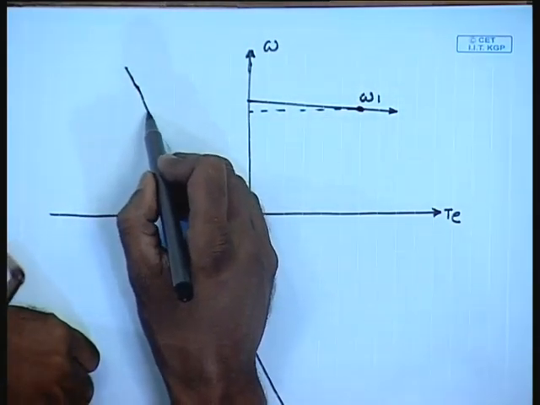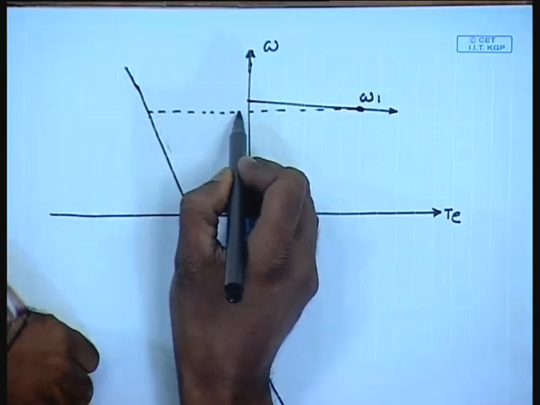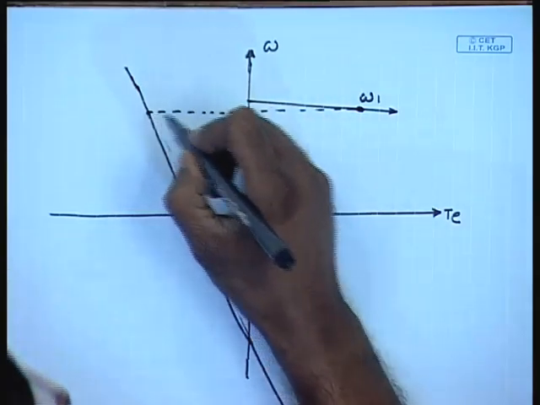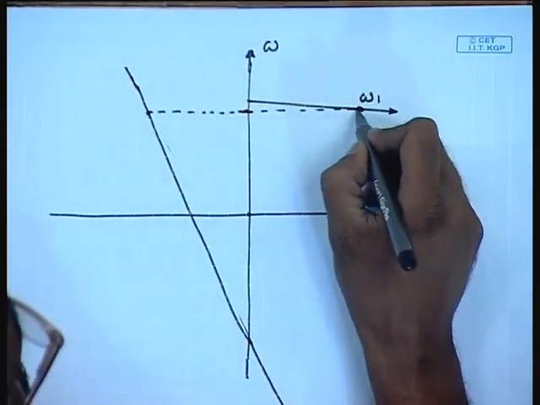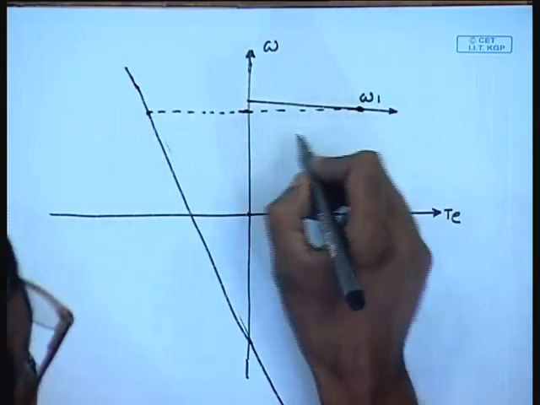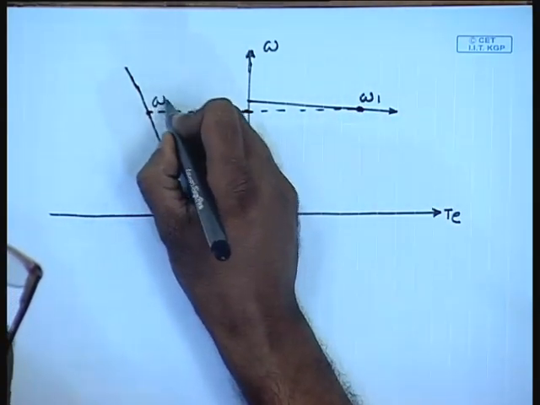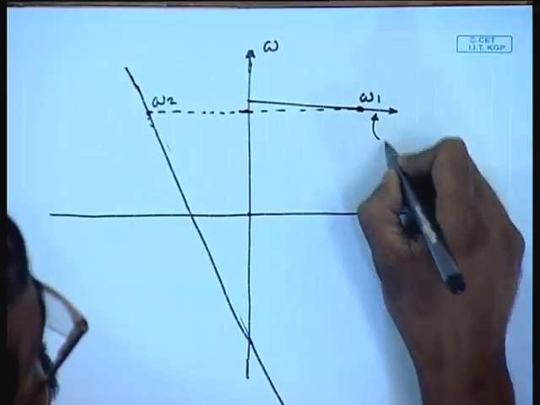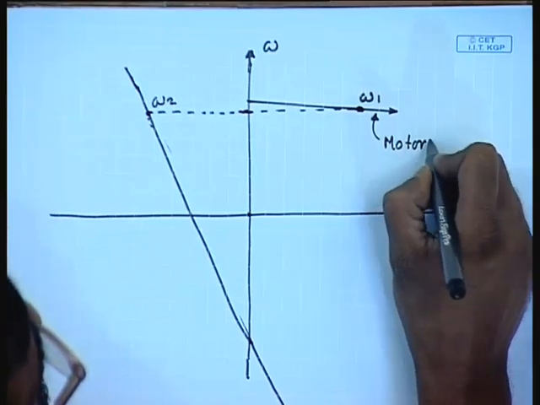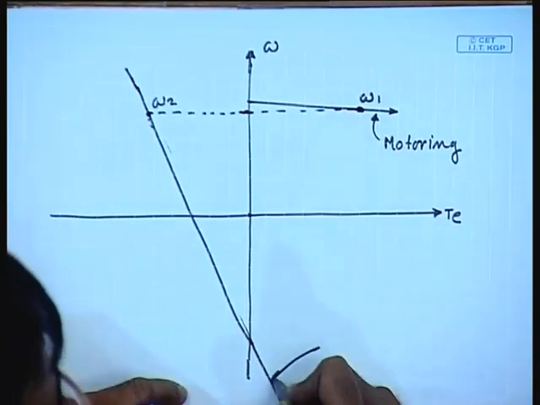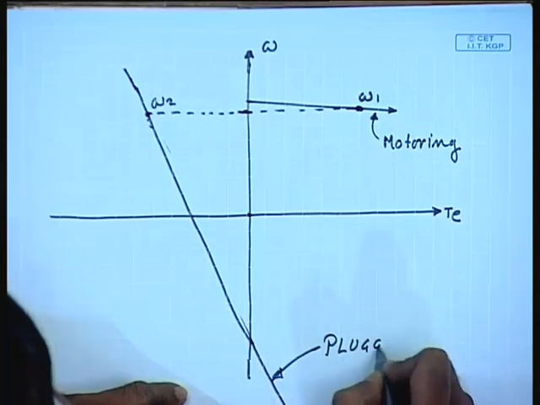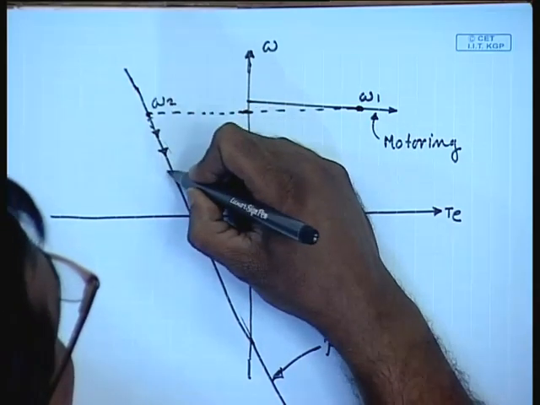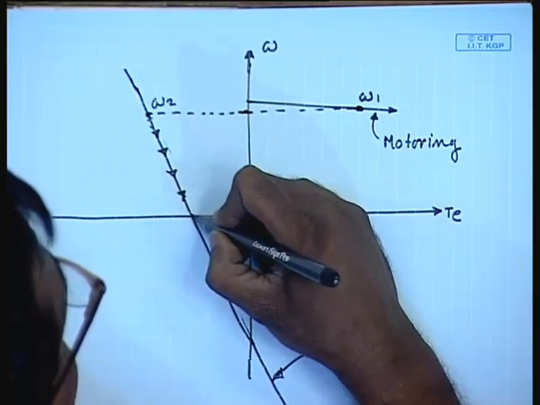And as soon as plugging is applied, the operating point shifts to omega 2, and then follows the, this is the motoring mode, and this is the plugging. And then follows the characteristics during plugging to come to 0 speed.